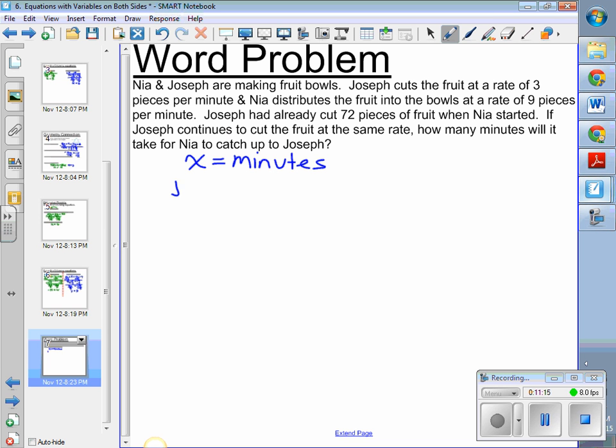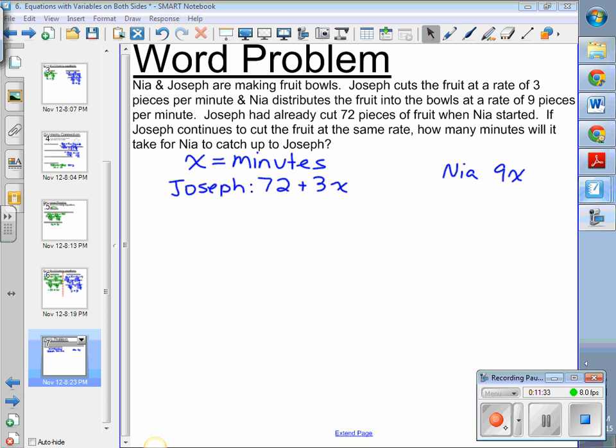Joseph would be 72 plus, he's going at a rate of 3x. Mia is working at 9x. Okay, so we're trying to figure out when they're equal. So we're going to set them equal to each other.